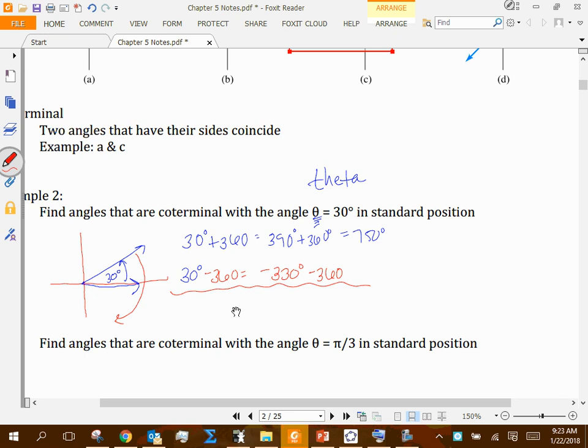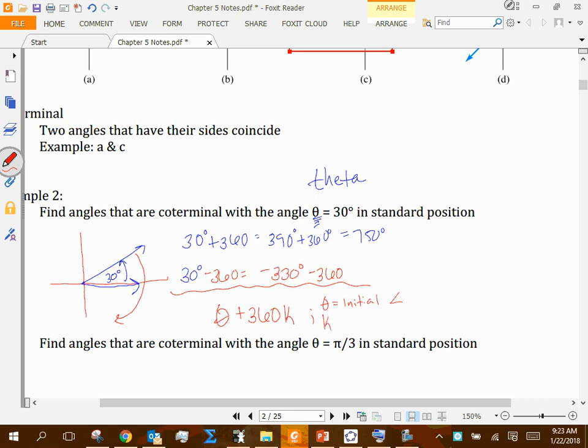We start with our theta, and we're going to add to it 360 times k. Basically, that says all you're going to do is add multiples of 360, right? But we're going to say theta obviously is your initial angle.